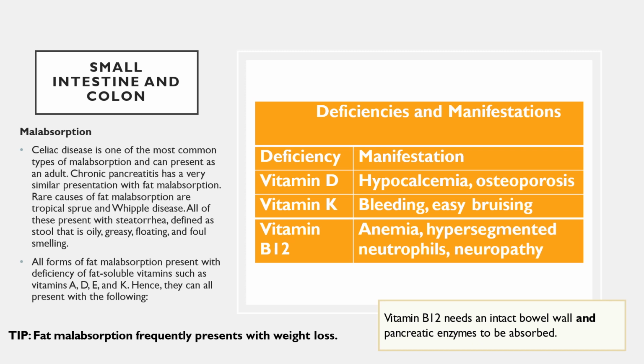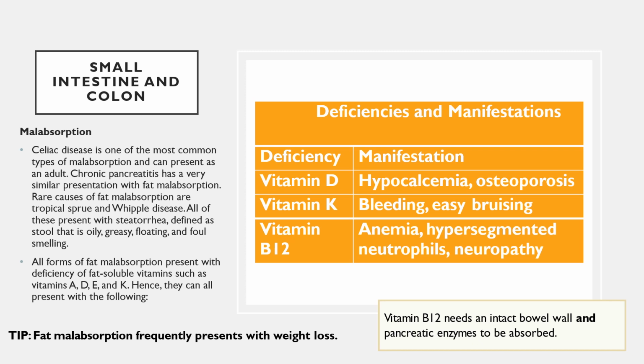And on the right side of the slide, we have different vitamin deficiencies and their laboratory and clinical manifestations. If we have a deficiency of vitamin D, we have hypocalcemia and osteoporosis. This is number one.